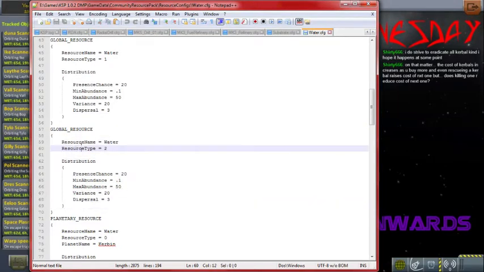Another global resource, resource type 2, which is atmospheric. So this is saying that all planets that have an atmosphere have a 20% chance of having water in the atmosphere itself, which means you can use atmoscoops to grab yourself some water.